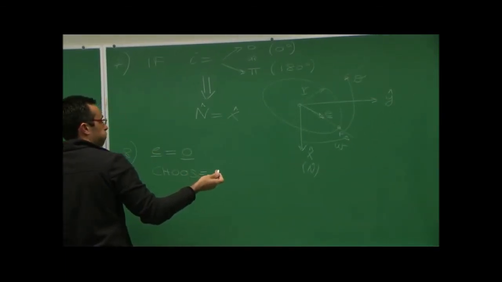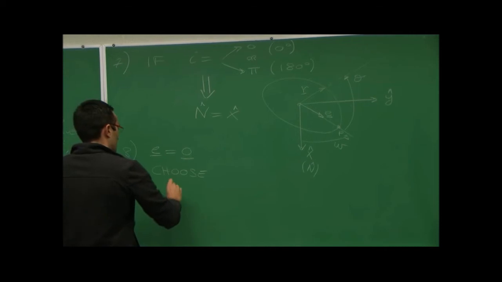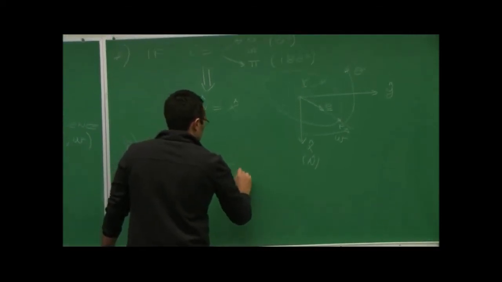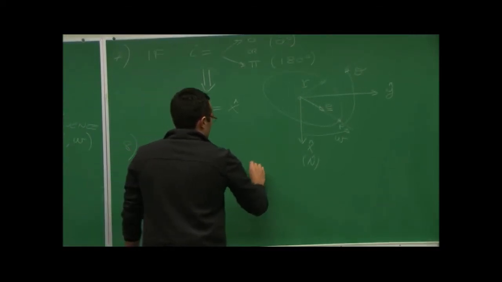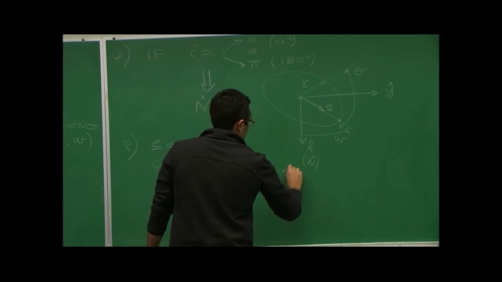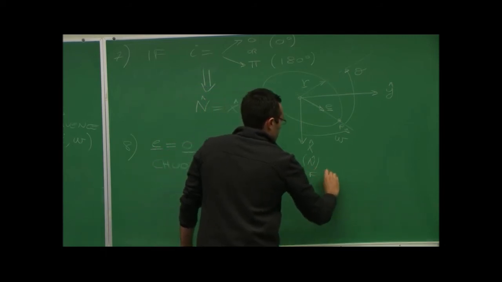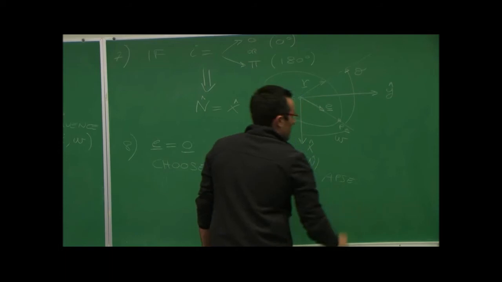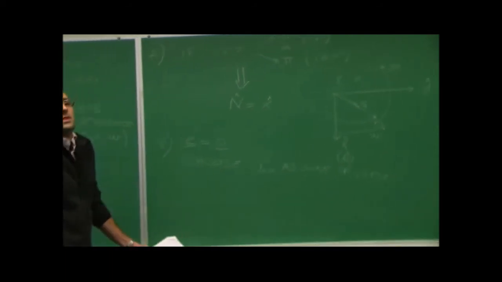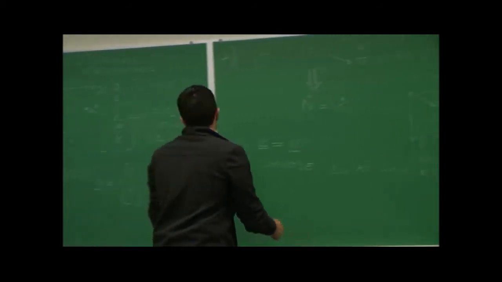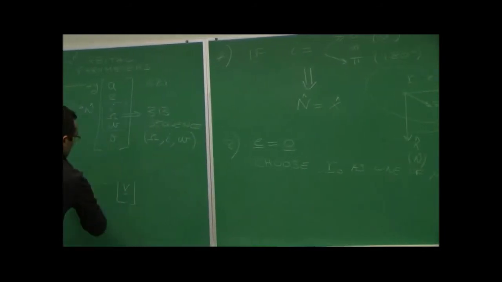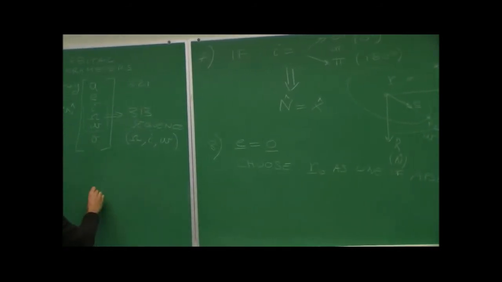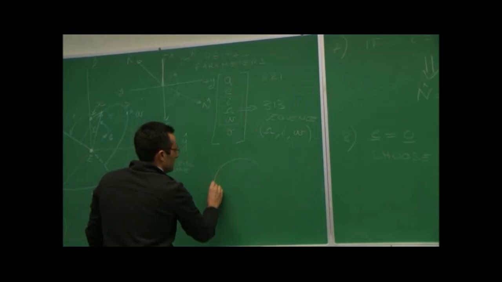Choose, what do we call that? R, the R that you're given at time 0 as line of apsides, even though it doesn't really exist. In other words, you start counting thetas from your initial position vector. Because the situation you're going to find is the following. You have a circle.